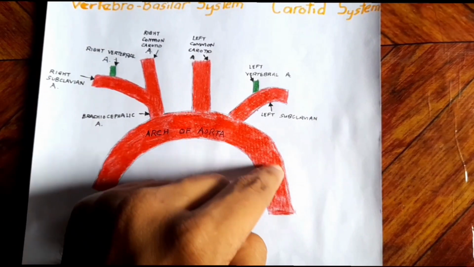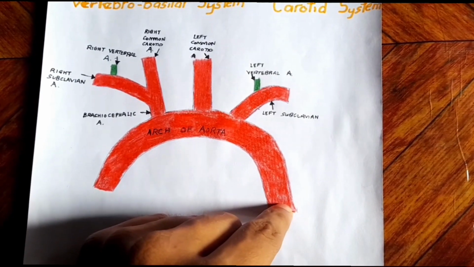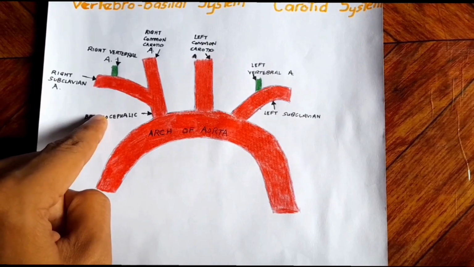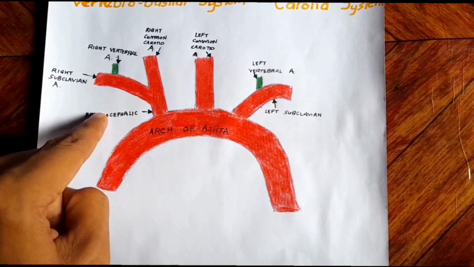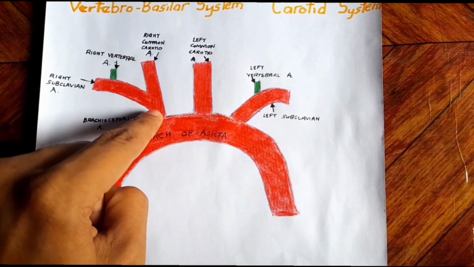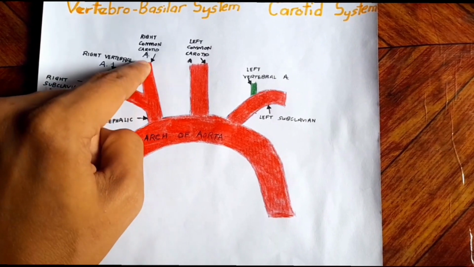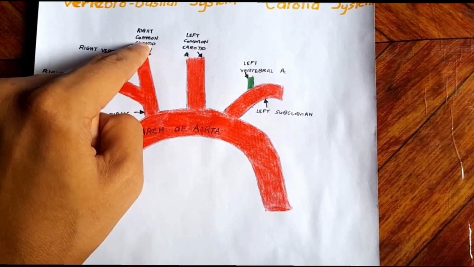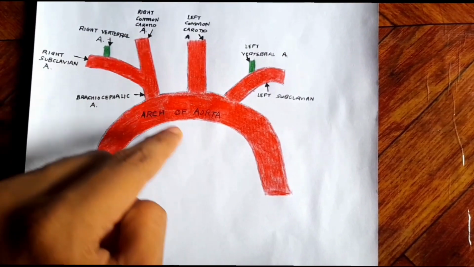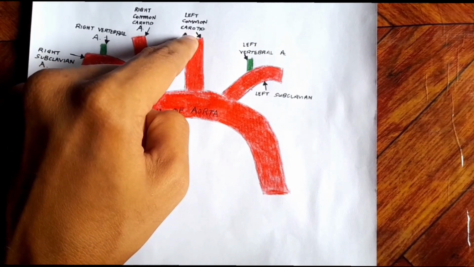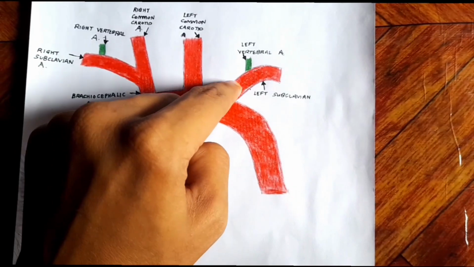This arch of aorta gives up a branch known as the brachiocephalic artery, and this brachiocephalic artery then gives branches again. We have the right subclavian artery and the right common carotid artery. Then as we move on, we can see the left common carotid artery, and then we can see the left subclavian artery.